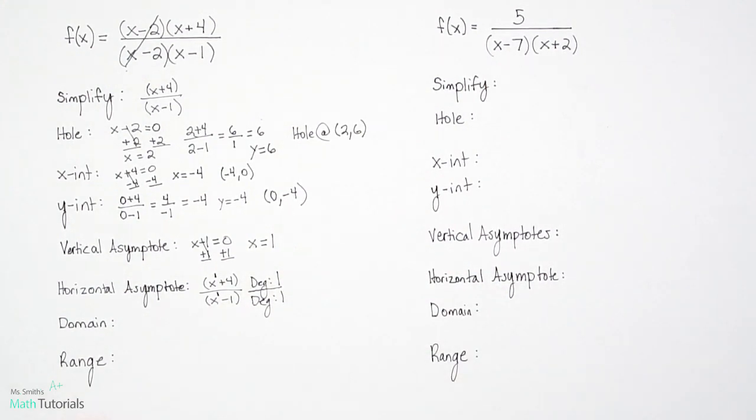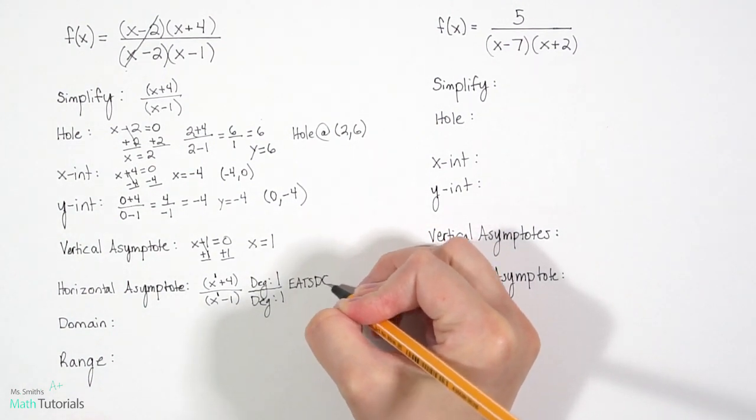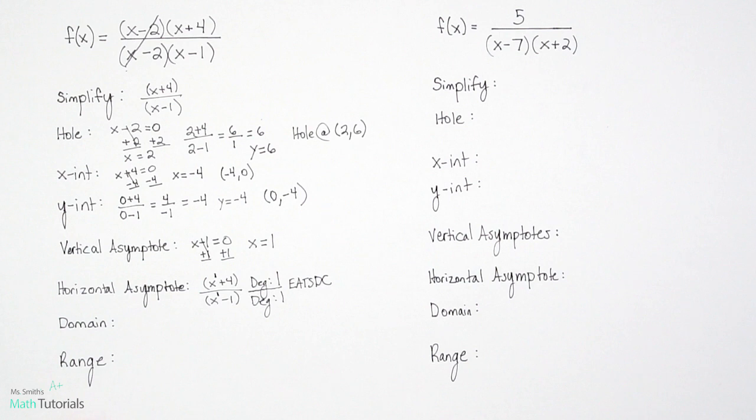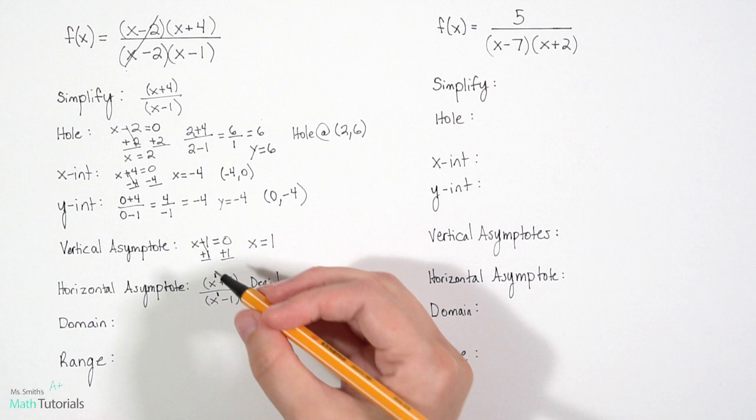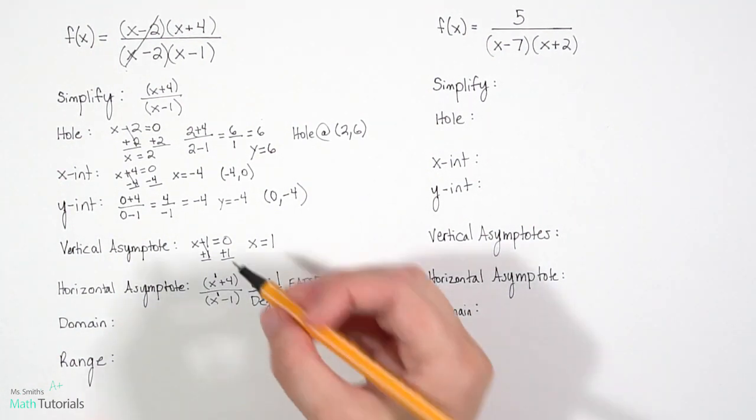So this is an EATSDC situation. So remember, EATSDC stands for exponents are the same, divide coefficients. Because it's just 1 over 1, the exponents are the same. So what do we do? We divide the coefficients. In this case, there's no coefficient that we see out front. You may be thinking, oh, is that the 4? No, that's a constant. A coefficient is what's in front of our variable.